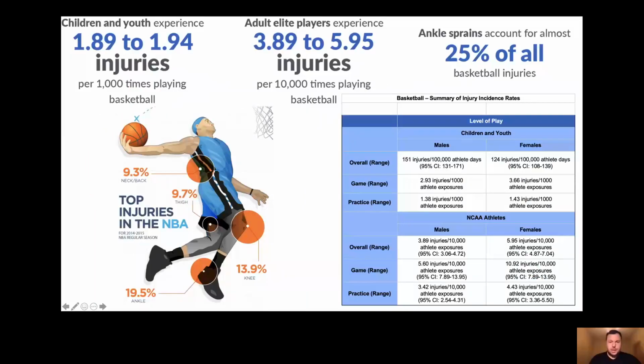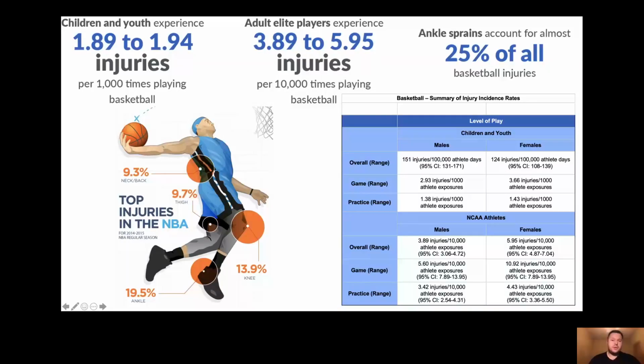Here is another data from different sources of statistics. About 25% of all basketball injuries are ankle sprains. We know that elite players experience a lot more injuries during playing hours, but there is also a number of injuries in youth: about 2 injuries per 1,000 hours of training and playing.